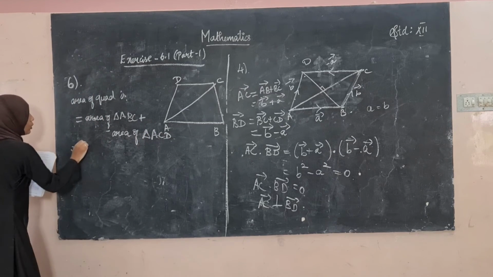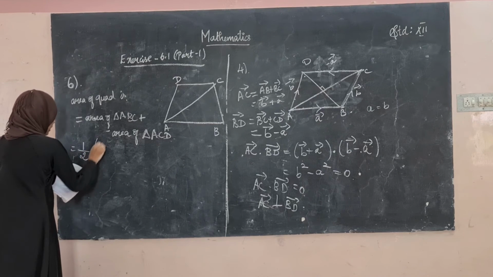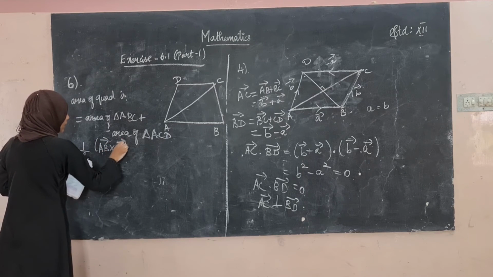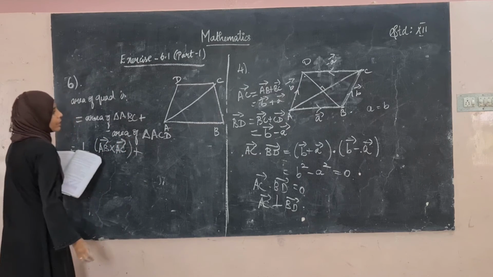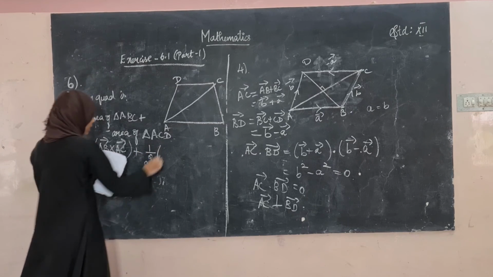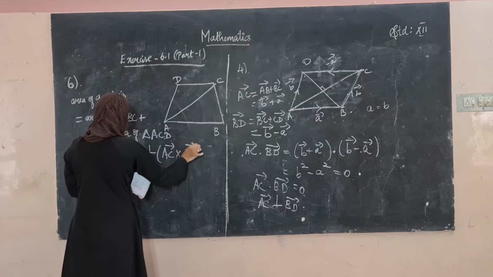Which is equal to half into, what is the area of the triangle ABC? Half into AB vector cross AC vector, plus, what is the area of triangle ACD? Half into AC vector cross AD vector.